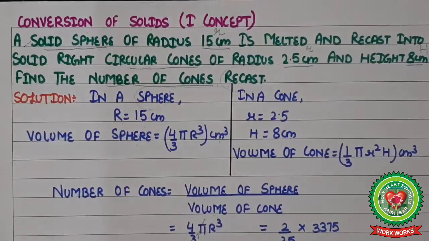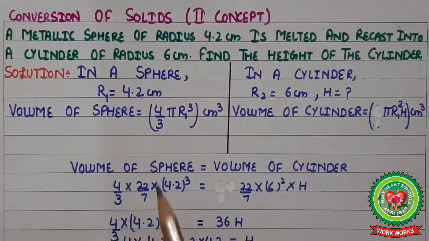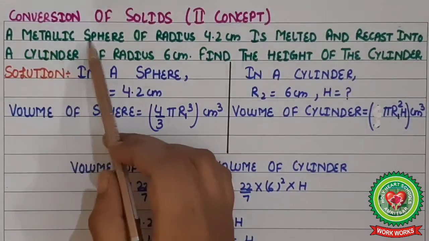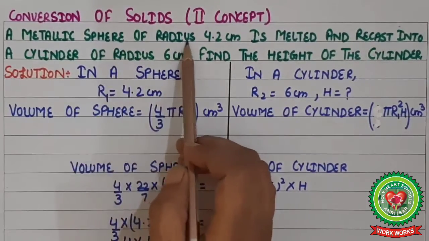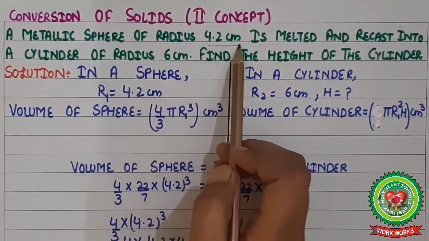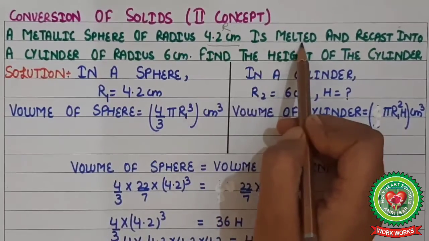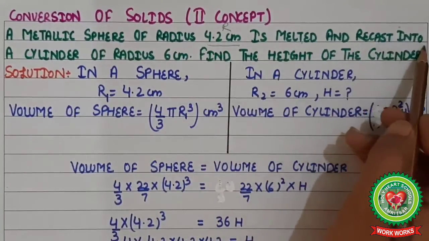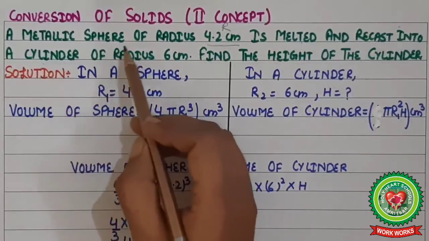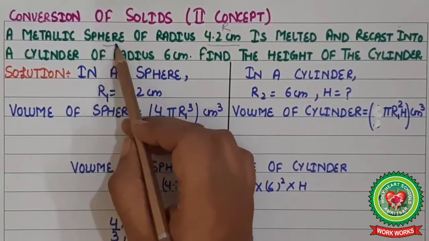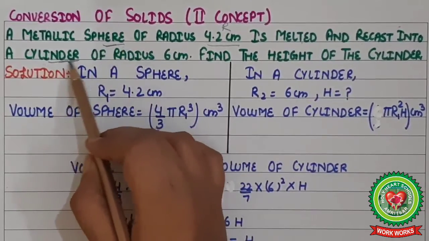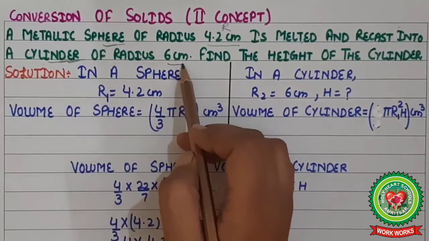Now students, we will do the second concept. The statement is: a metallic sphere of radius 4.2 cm is melted and recast into a cylinder of radius 6 cm.